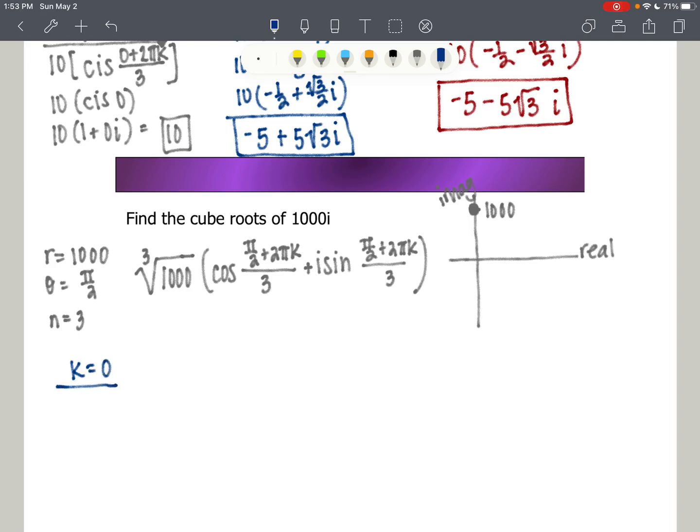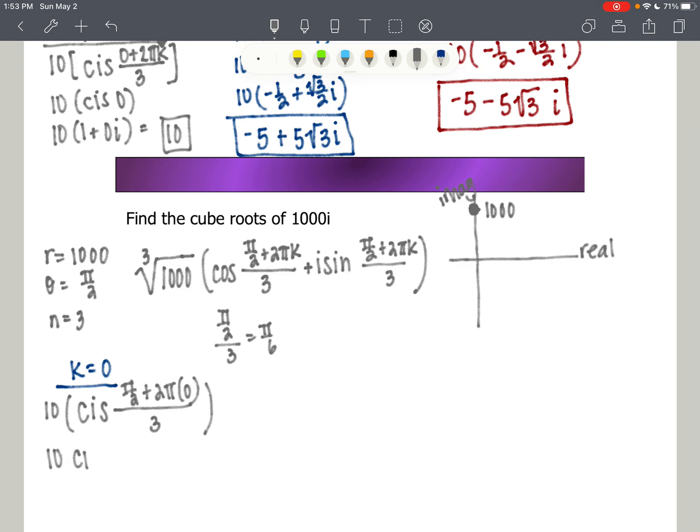When we put a 0 in for k, we've got the cube root of 1000 was 10, and then I've got cis, and then pi over 2 plus 2 pi times 0 over 3, and pi over 2 divided by 3 is pi over 6.